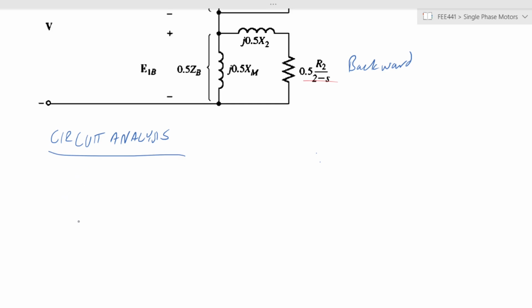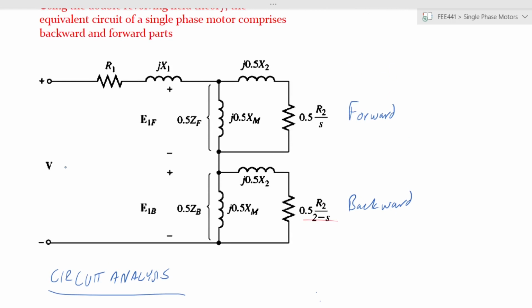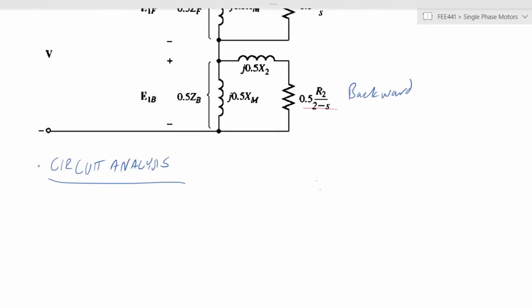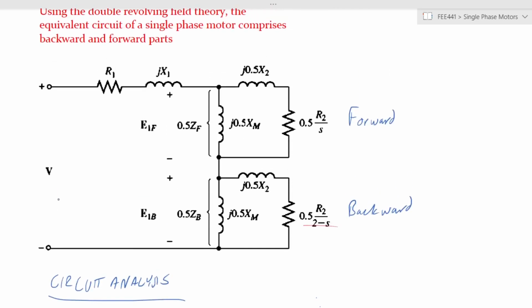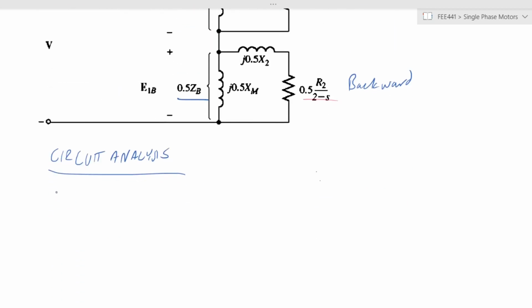So, the values of the impedances, because we did the circuit analysis of the per phase induction motor, the value of these impedances, which are indicated here and here, can be represented as follows. So ZF, which is the forward value of impedance, is given by RF plus jXF, a certain reactance.